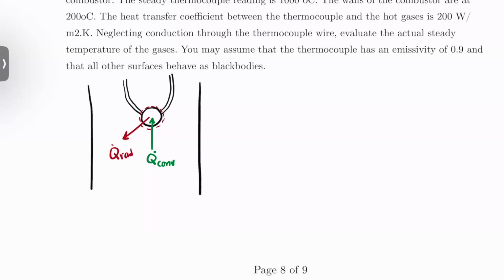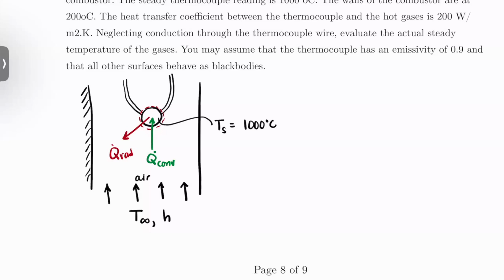We know that the temperature of our surface, which is the thermocouple, is 1,000 degrees C. And we know that air is coming through here, so we have T infinity out here and h, and this is air. And then our walls are heated, so we have that the temperature of the walls is 200 degrees C.